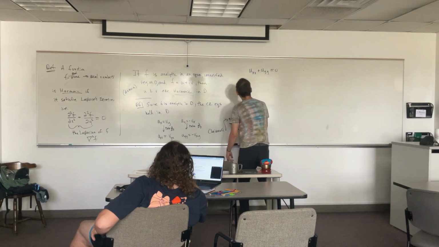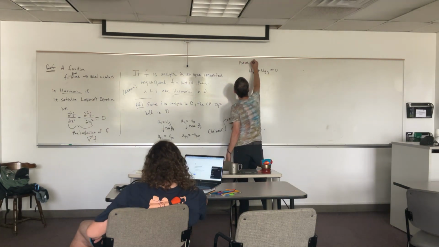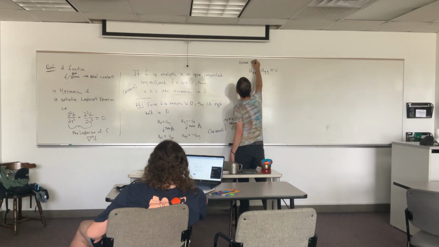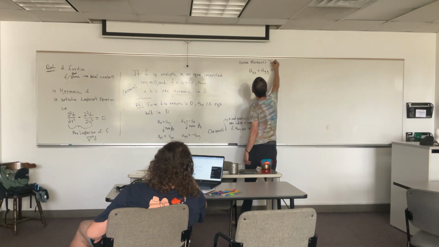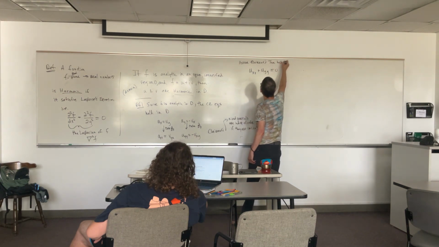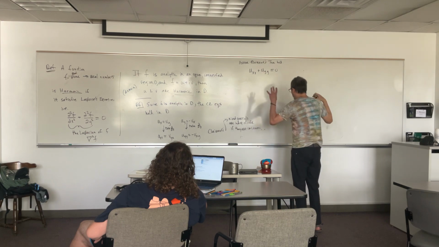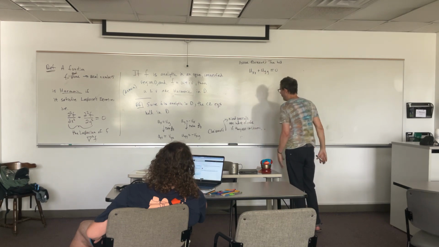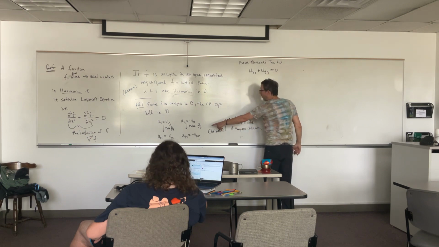So we're going to assume Clairaut's theorem holds. And it will, for the most part. If it's not holding somewhere, it's just at a few points or a line or something, you can easily just remove that. Assume Clairaut's theorem holds.